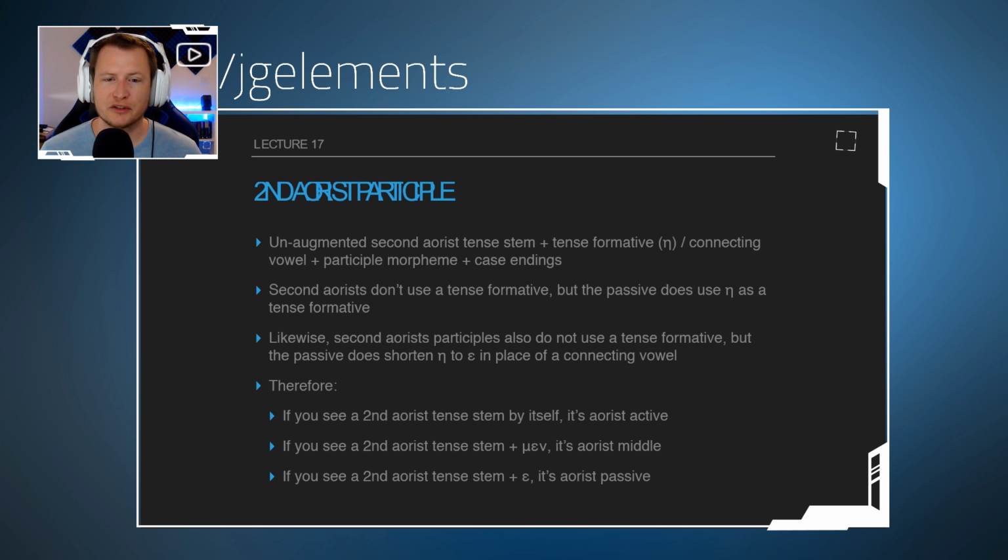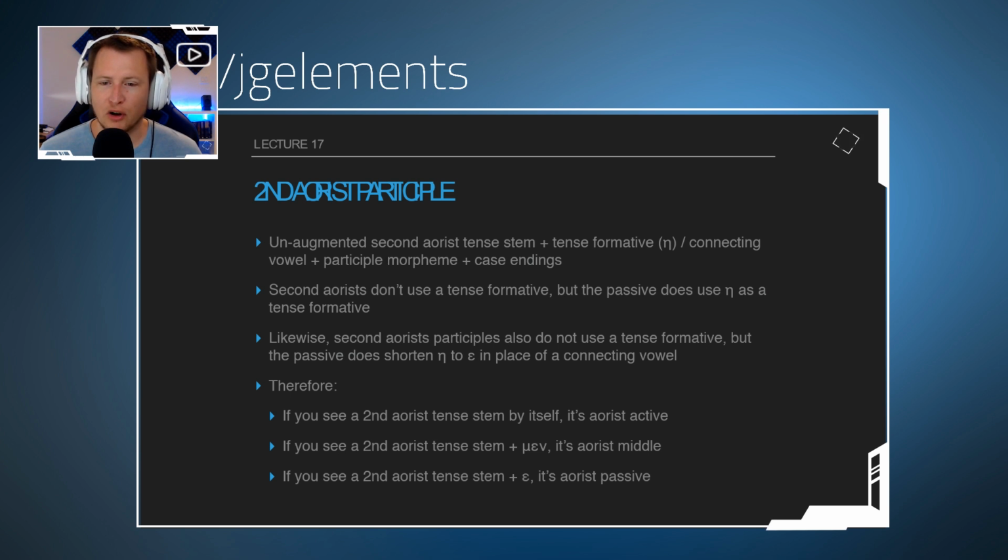Remember, second aorists don't use a tense formative, except that the passive does. It uses eta as a tense formative. It doesn't need one because you can tell it's aorist since it's a different tense stem than what you're used to seeing in the present.